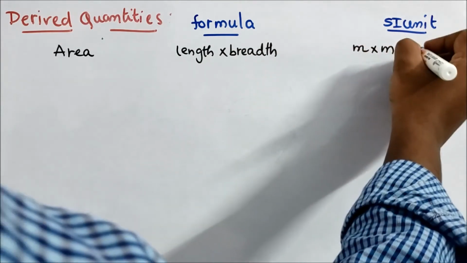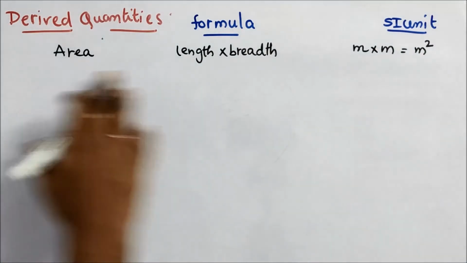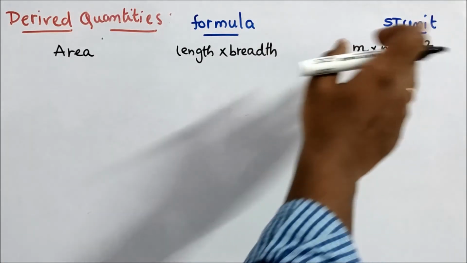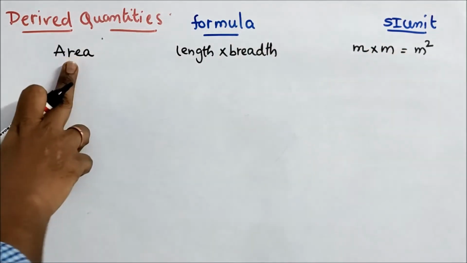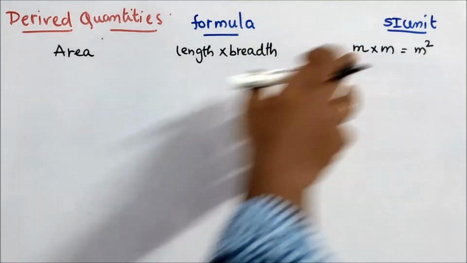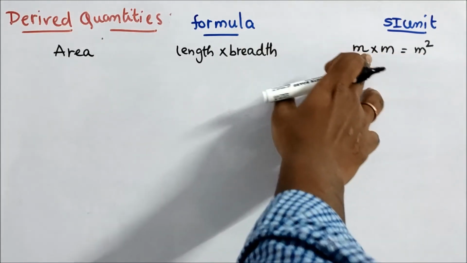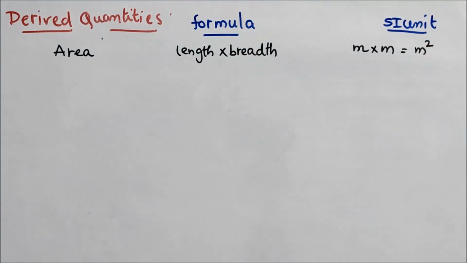So meter into meter is meter square. So the SI unit of area is meter square. Meter square is a derived unit, so area is a derived quantity. Area is defined as the product of two lengths, hence a derived quantity. Let's take one more example. Let us number it as 1.